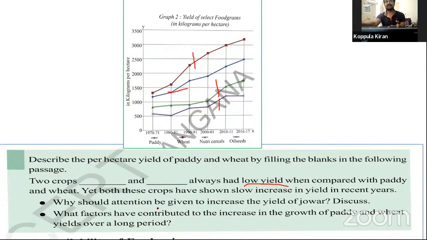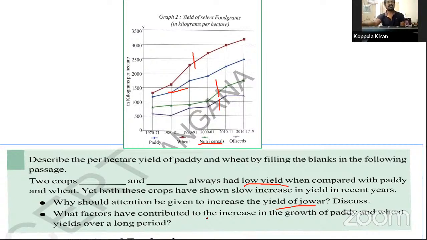Jowar belongs to nutri cereals. Discuss how we can increase jowar production. We have to concentrate attentively on producing more and more nutri cereals like jowar. Discuss in our classroom with our friends.